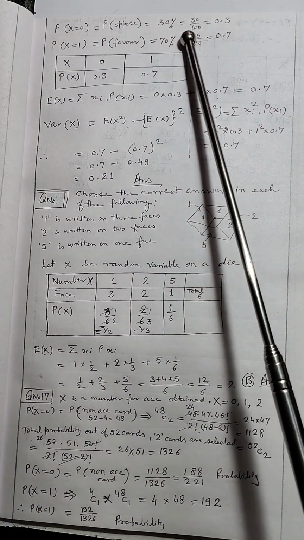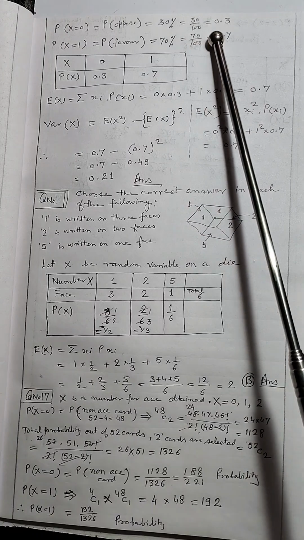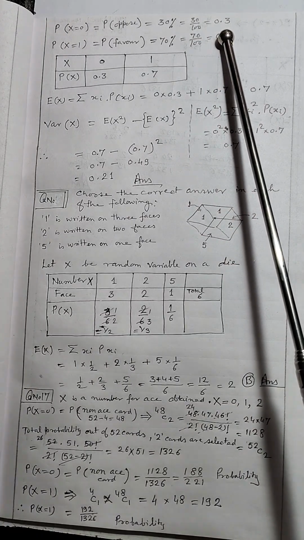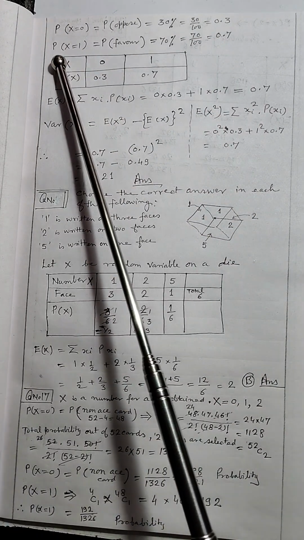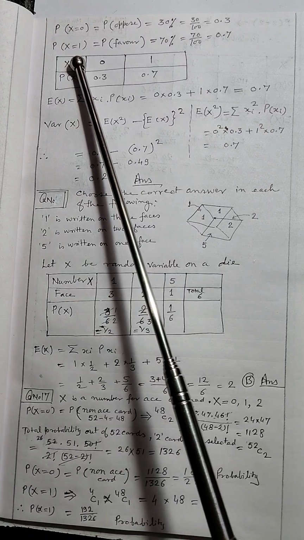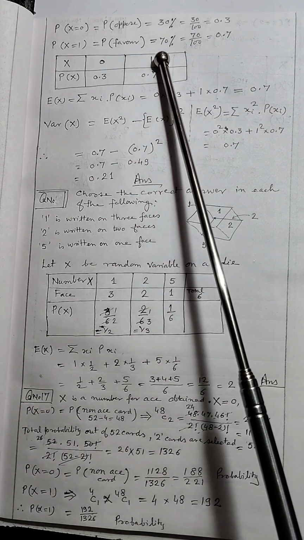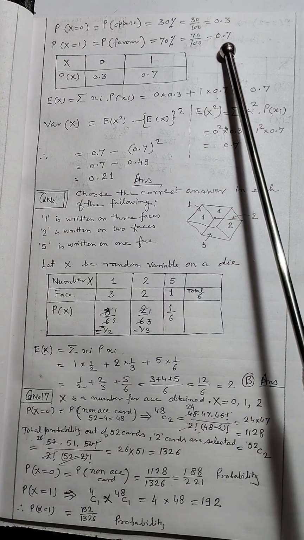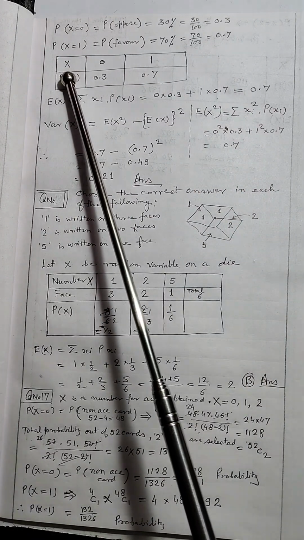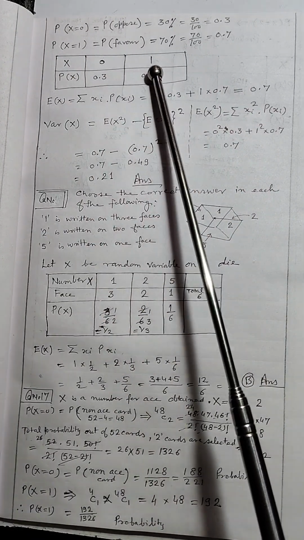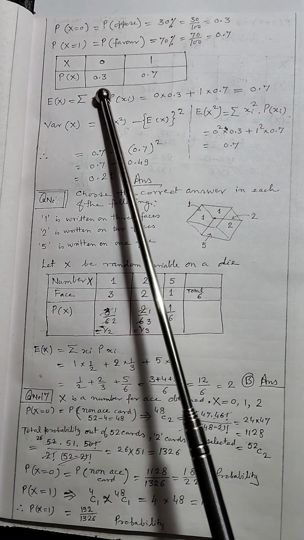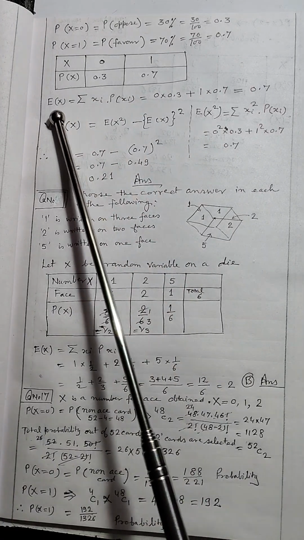It will be equal to 30 by 100, which is 0.3. P(X equal to 1) means the probability of favor, that is 70%, which is equal to 0.7. So here I have written X equal to 0 and 1, and the probability of X, that is 0.3 and 0.7.